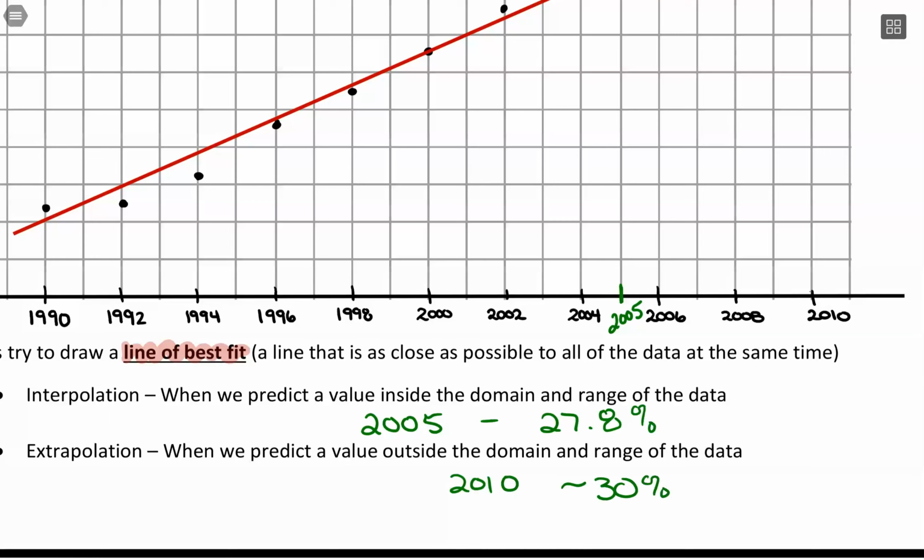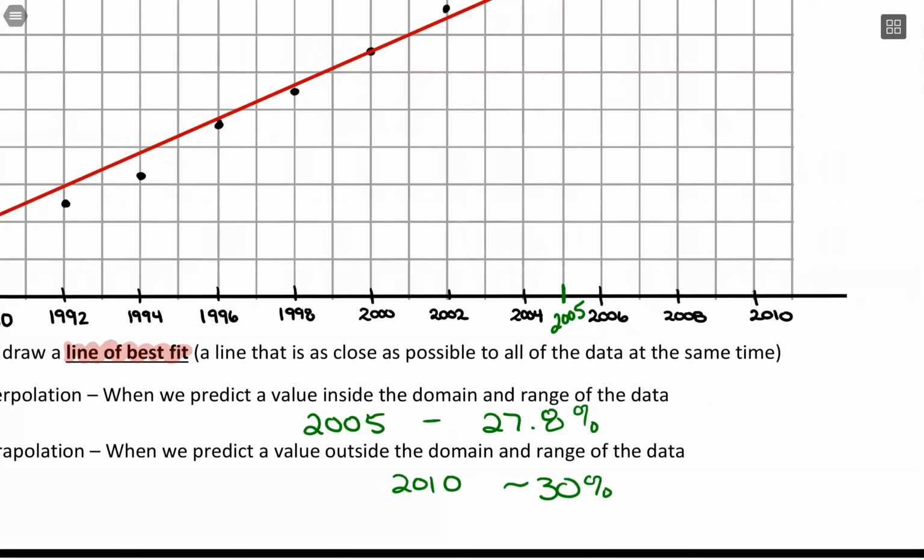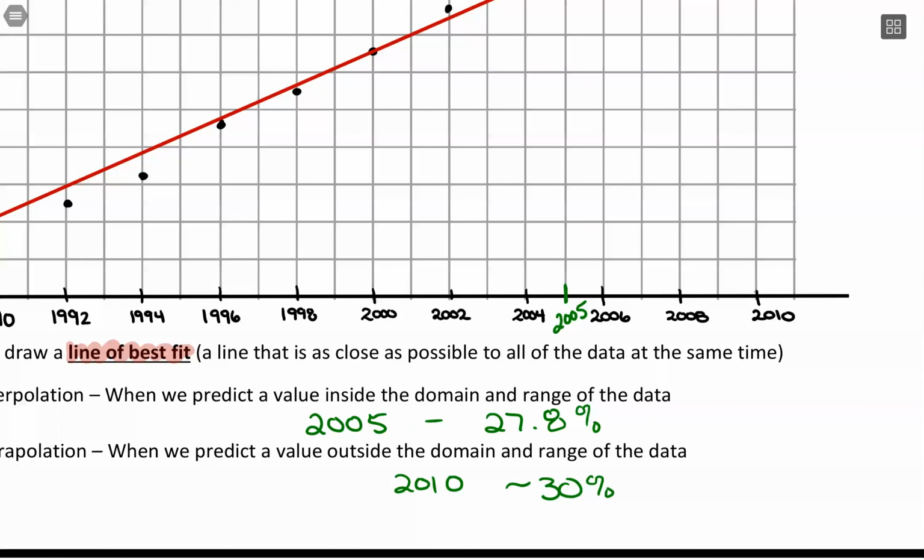However, we want to be careful extrapolating too far away from the domain, because this line works great within our data, but going beyond that, since we don't have the information out there, we don't know if it continues to be linear. Who knows what could change in the world? We know it can change, like in 2020, and maybe that affects the percentage of college graduates.